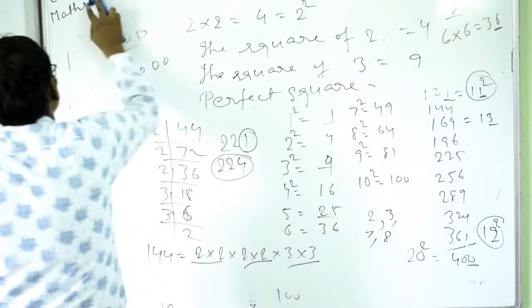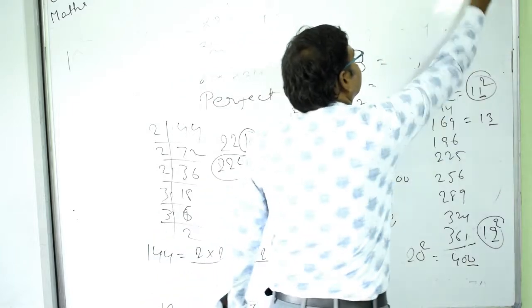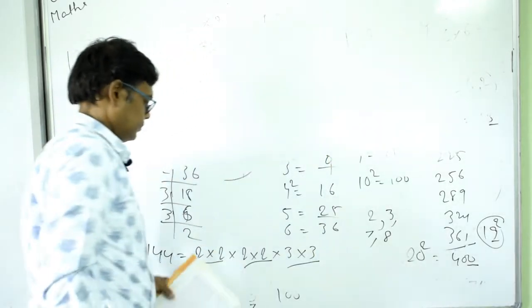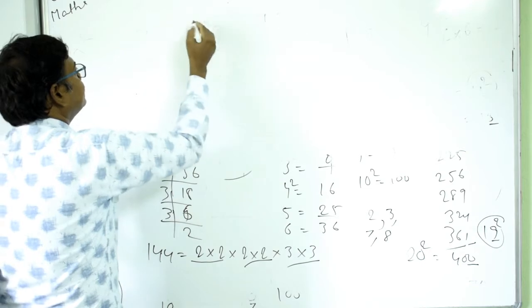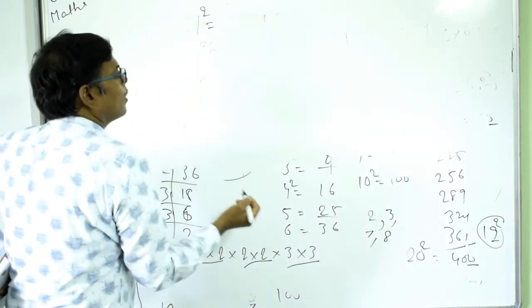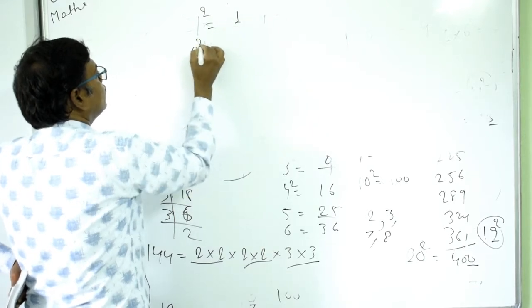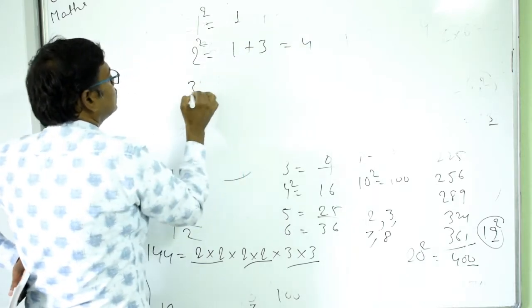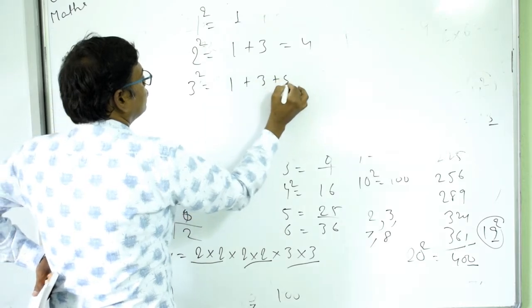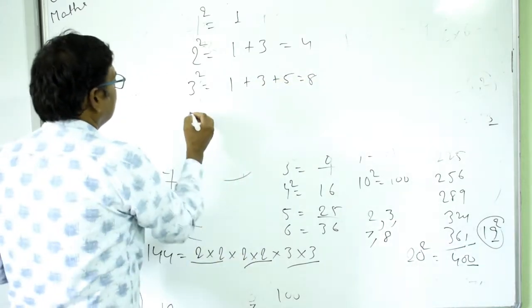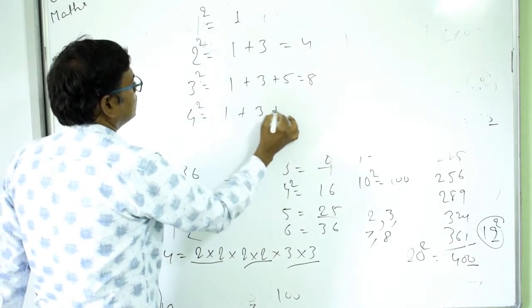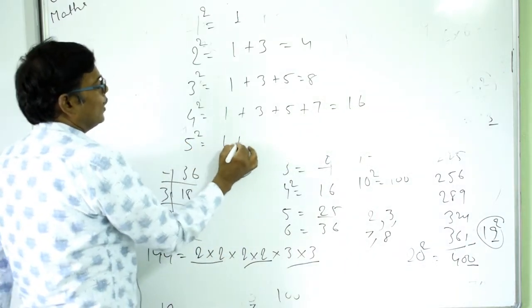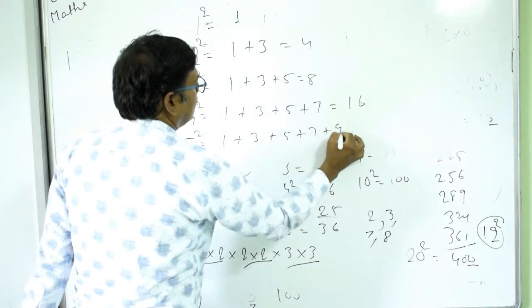For example, 1 square equals 1. 2 square equals 1 plus 3, which is 4. 3 square equals 1 plus 3 plus 5, that is 9. 4 square equals 1 plus 3 plus 5 plus 7 equals 16, and 5 square equals 1 plus 3 plus 5 plus 7 plus 9 equals 25.